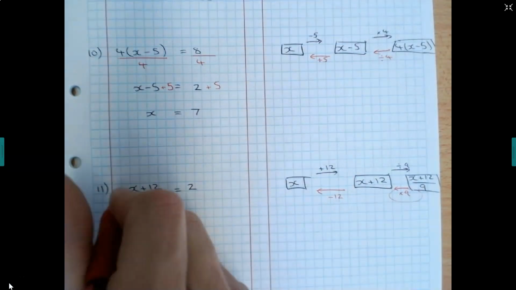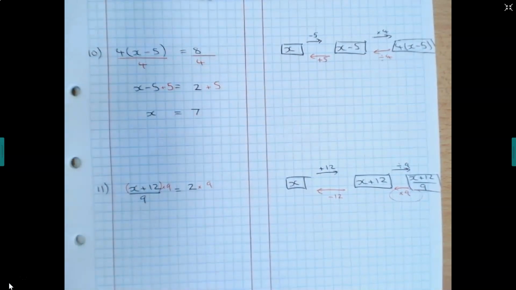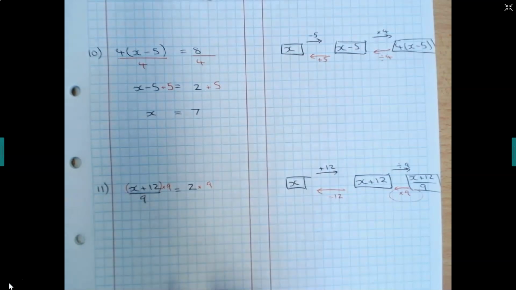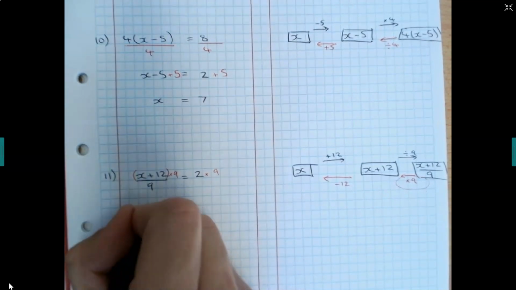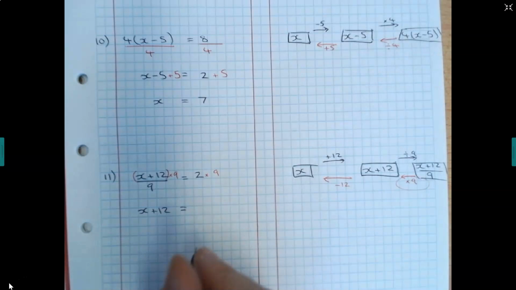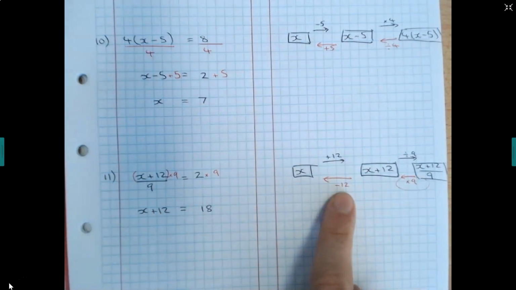So I times this by 9, times this by 9. What am I going to be left with on the left-hand side now? Good. x plus 12 is equal to 18. Come back to my flowchart.